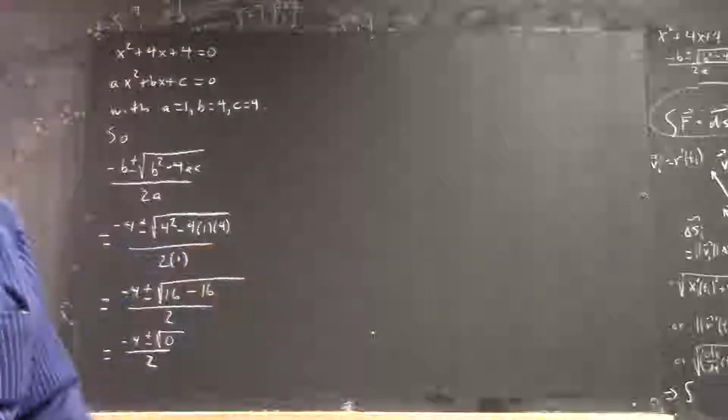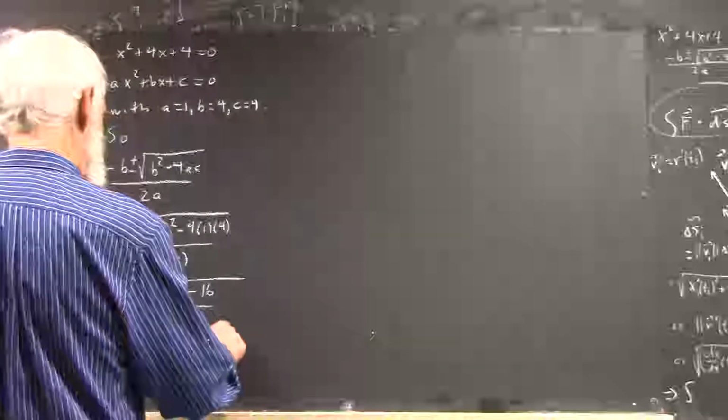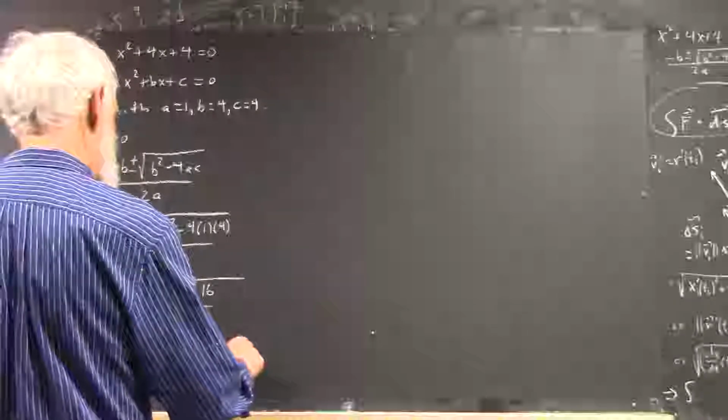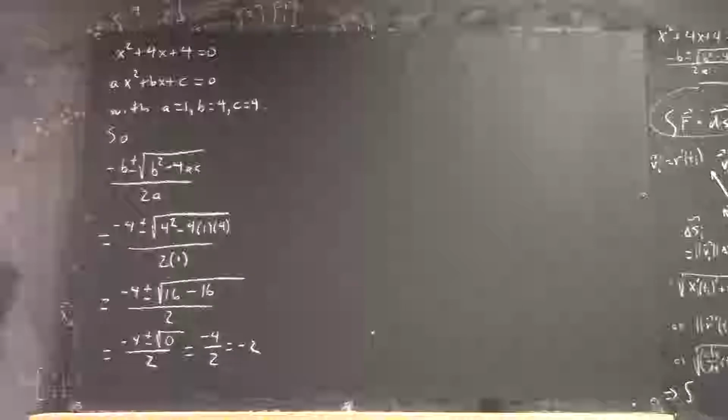Well, 16 minus 16, you might suspect is 0. You know that. Okay? And we get negative 2.